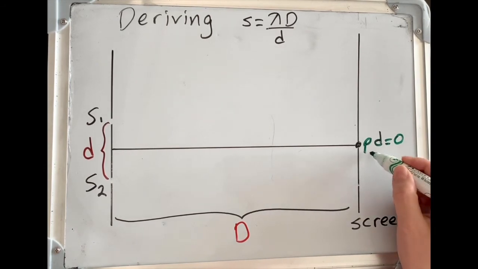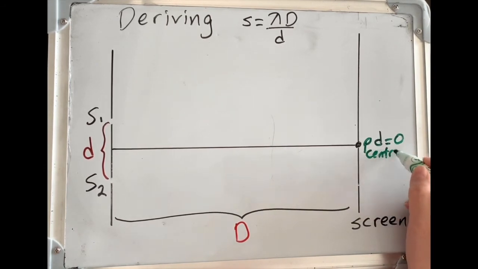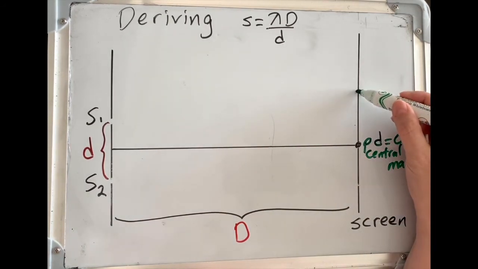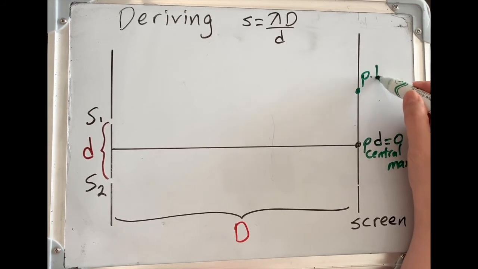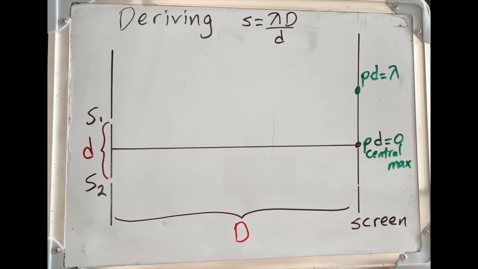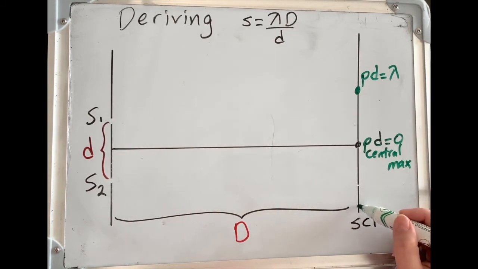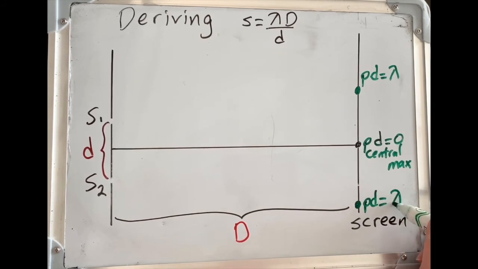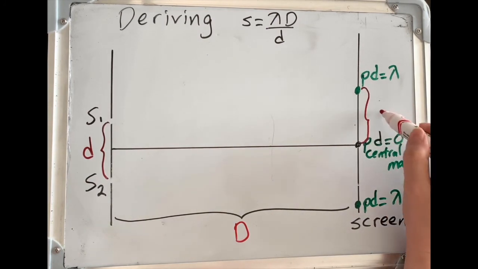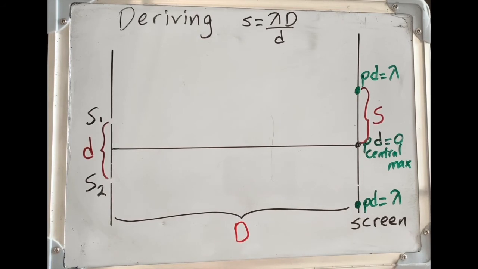So this is the central max. The first max, where path difference equals 1 lambda, say this is the first maximum. Symmetrically, there will be one here where path difference is also 1 lambda. That separation is given as S in our formula.